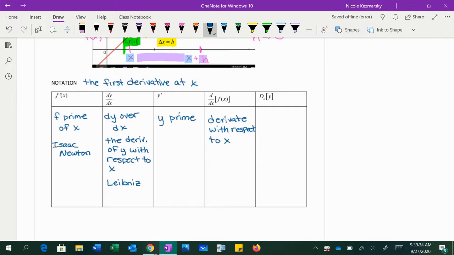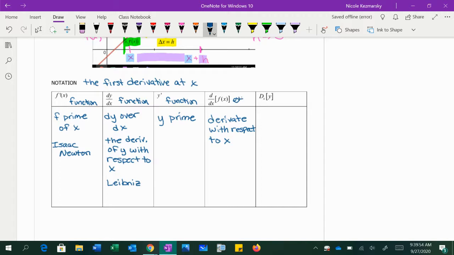This is our way of taking the derivative of an expression. All of the other notations are function notations. So this is for a function, and this is a function, and this is a function. But this is an expression.